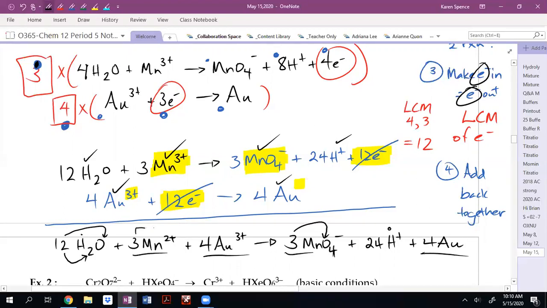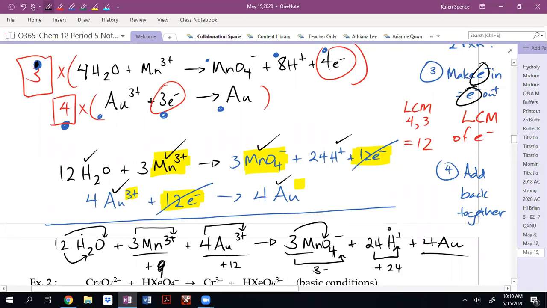Over here we have 3 times 2 is positive 6. And over here we have 4 times 3 is positive 12. And on the right-hand side, we have positive 24, and we have 3 negative. Did I do this right? Or did I go wrong somewhere? Oh, it's Mn3+. Oh, 9.